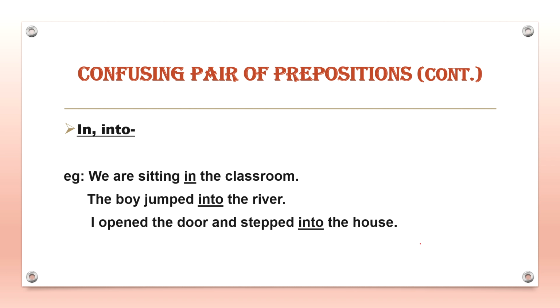So in case of into, medium or state changes. So let us understand with the help of an example. We are sitting in the classroom. Fine. Next, the boy jumped into the river. So here basically there is a movement from outside to inside of river. Hence we will use preposition into over here. Now next sentence, I opened the door and stepped into the house.